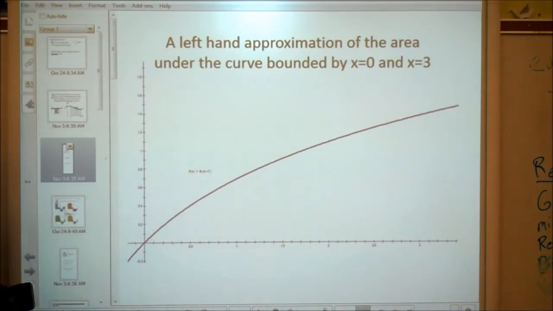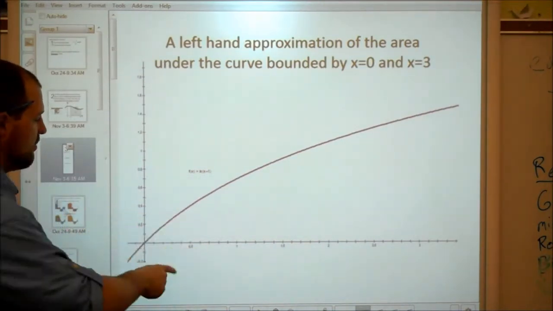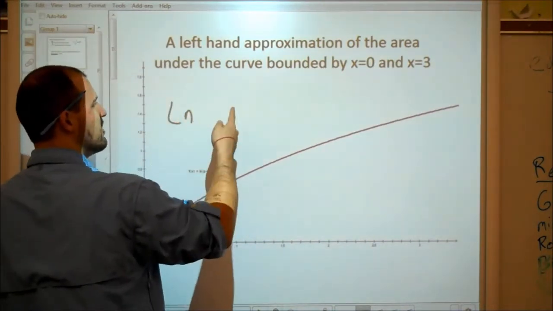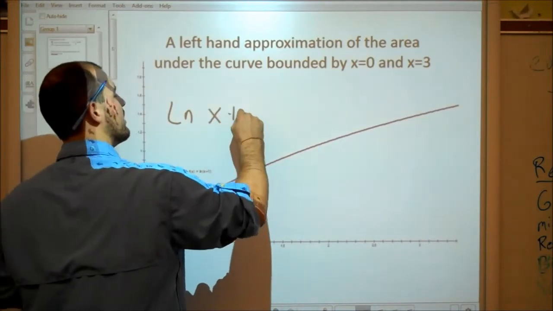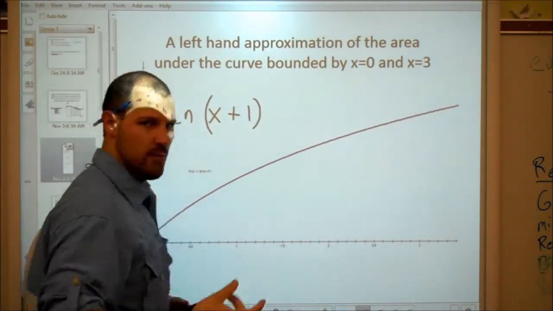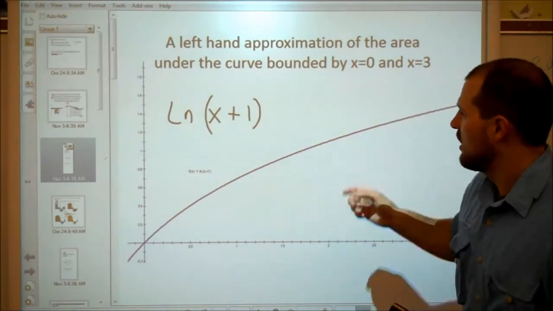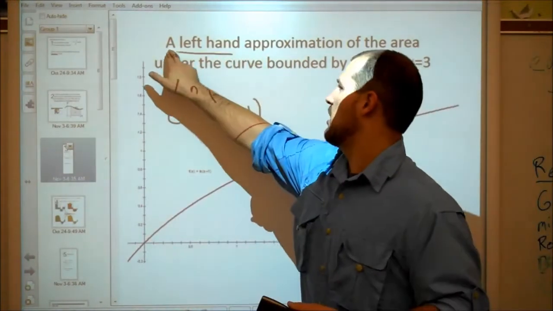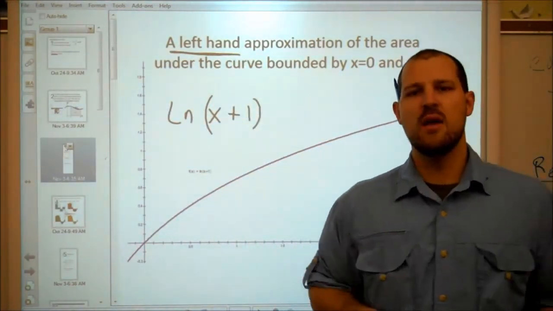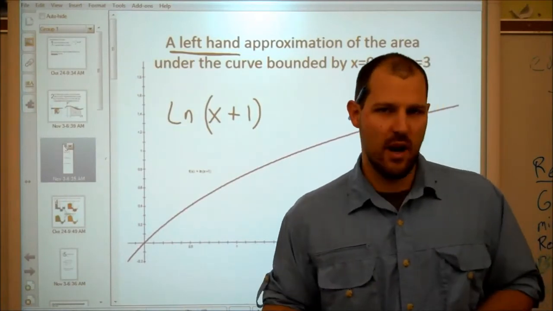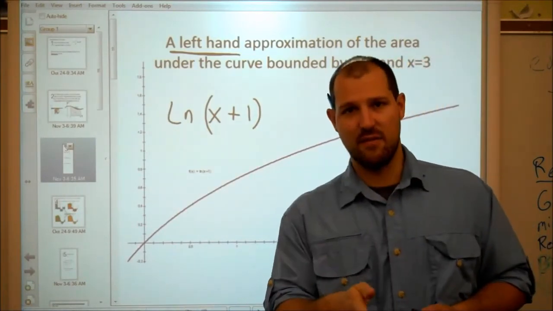Let's get into our Riemann approximations. The function that's defining this one is the natural log of x plus 1, so you may wish to know that as we go through this. We're going to use what's called a left-hand approximation. Now, if you're an IB tester, it would be exceedingly rare that you'd be asked specifically for a left hand.